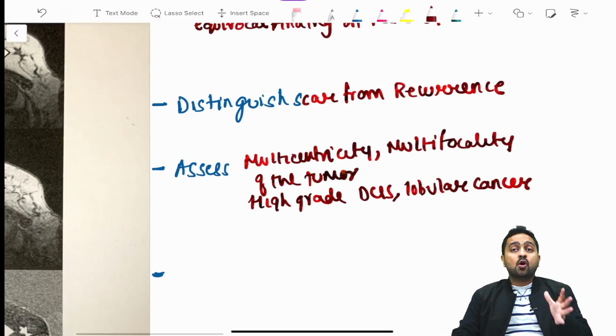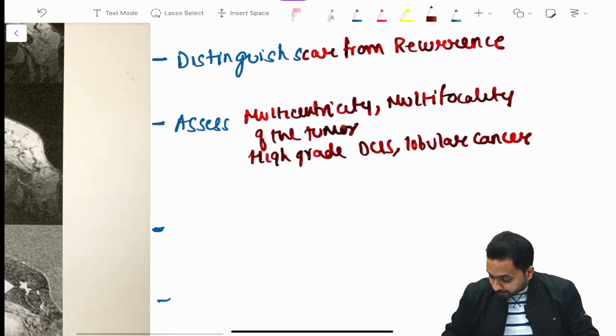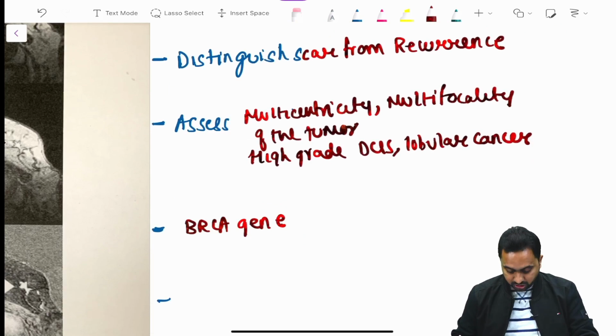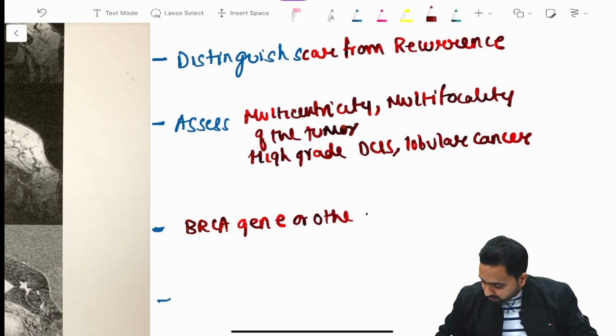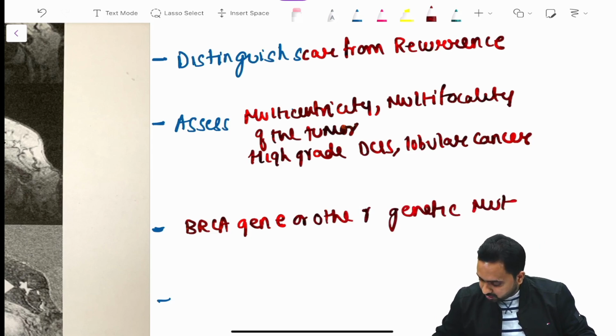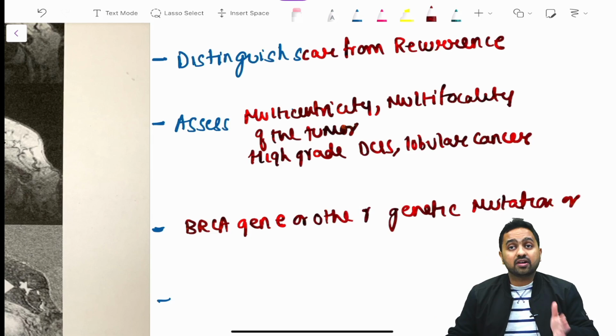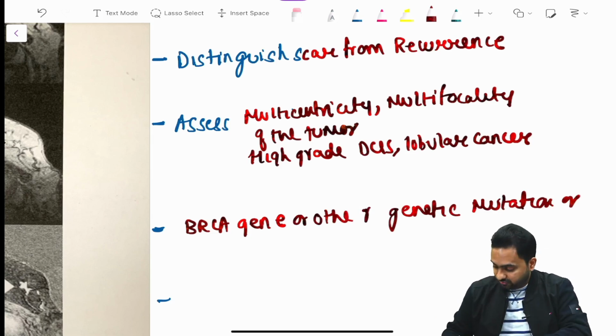Then you also do MRI with BRCA, women with BRCA gene or any other genetic mutation, or even a strong family history.